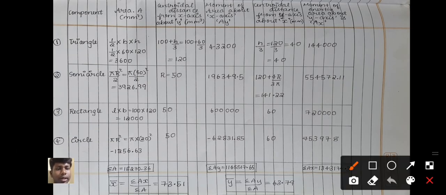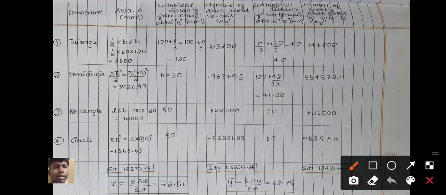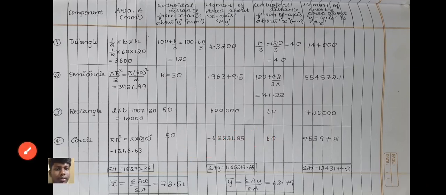Let's go back. In the third component, the area of the circle will be 1256.63. And the centroidal distance from the x-axis will be its r, which is 50.